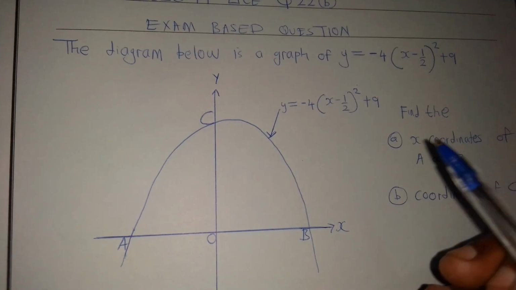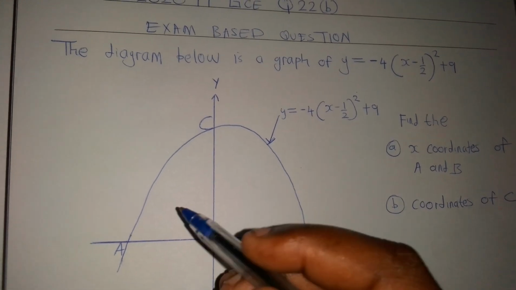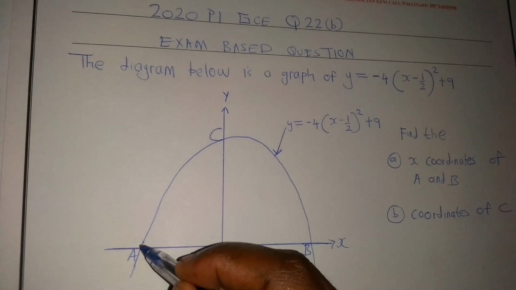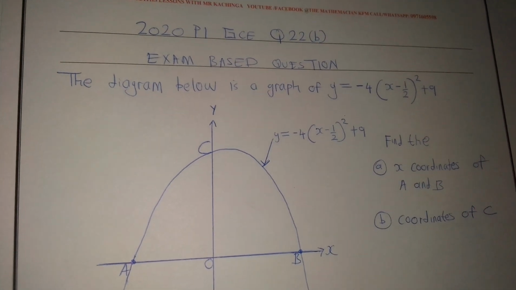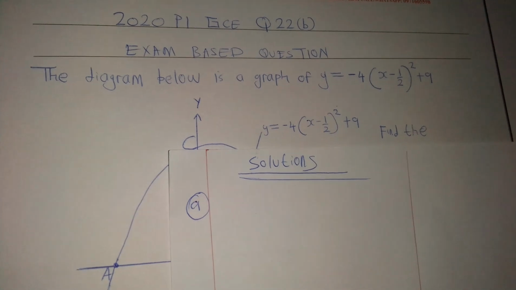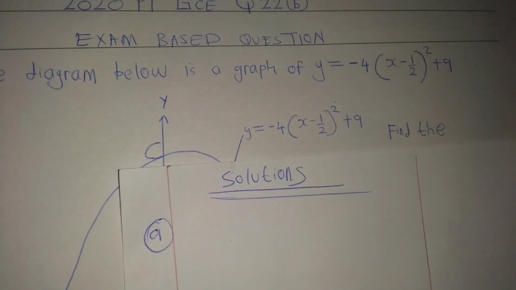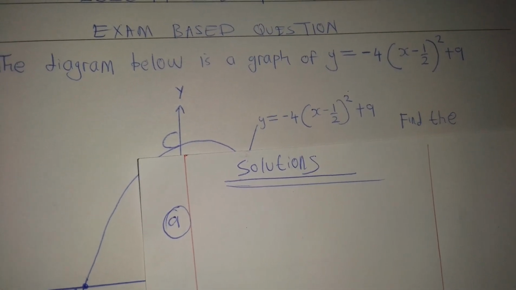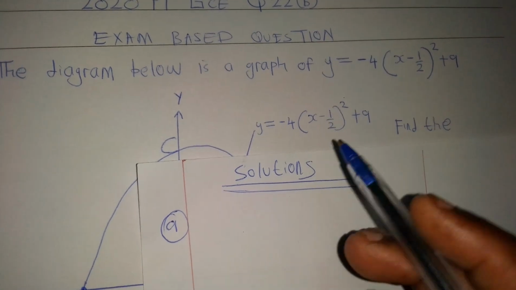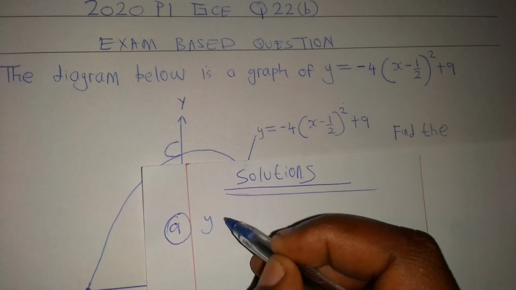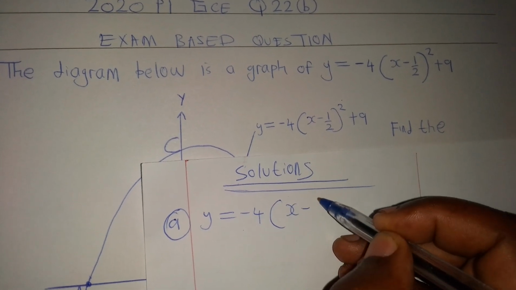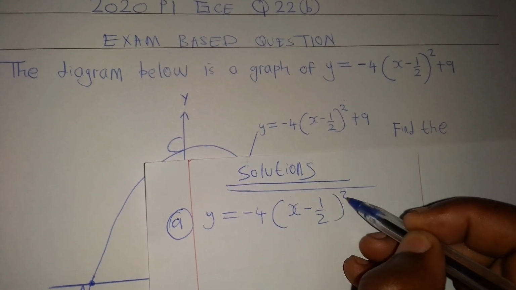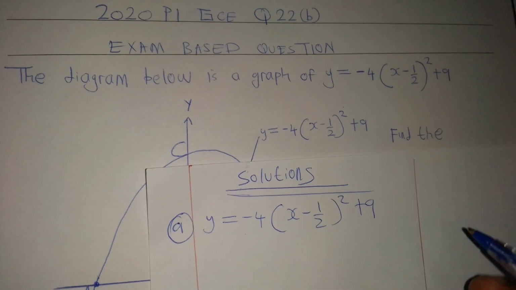So they want the coordinates of A, where the graph cuts the x-axis, here and this point. To do that, we have to use the original equation. As you can see, the original equation is there. So we say that y equals -4(x - 1/2)^2 + 9.